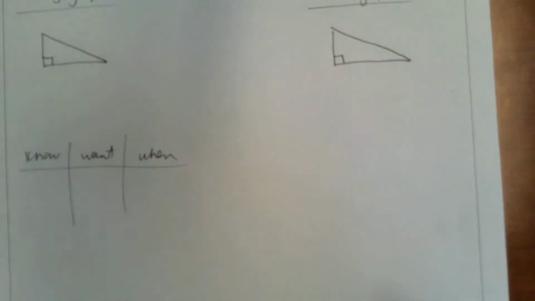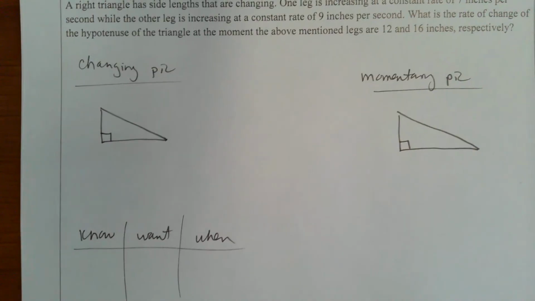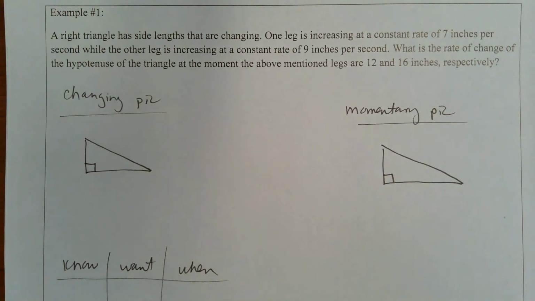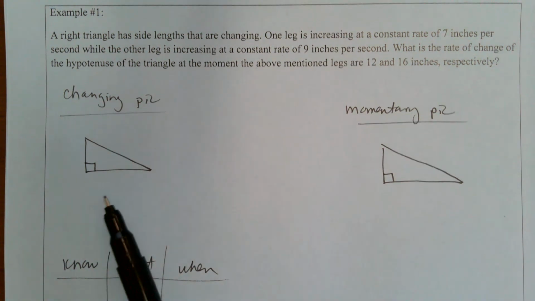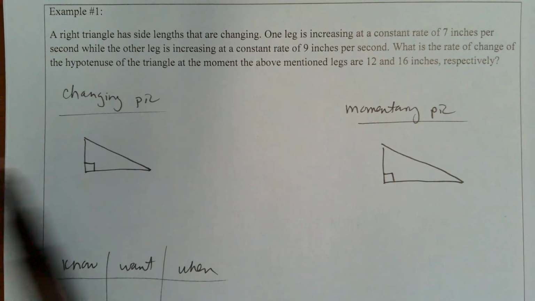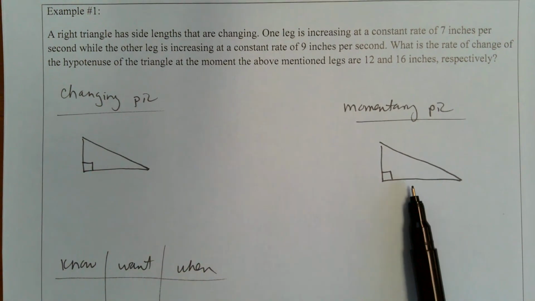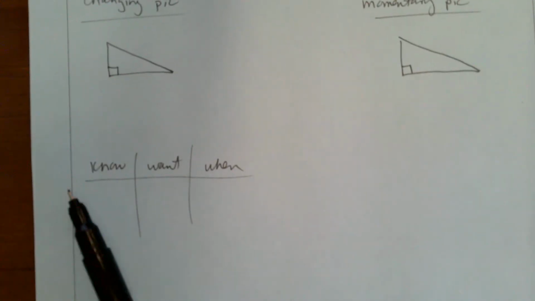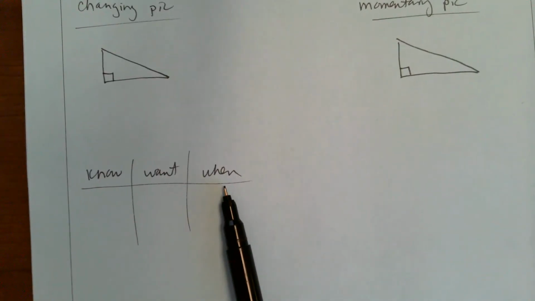So, guys, every time we do a problem, I'm going to do three things, and I just wrote these down to make things faster. We're going to have a picture, our changing picture, and our momentary picture, and then we're always going to want to ask ourselves, what do we know, what do we want, and when?